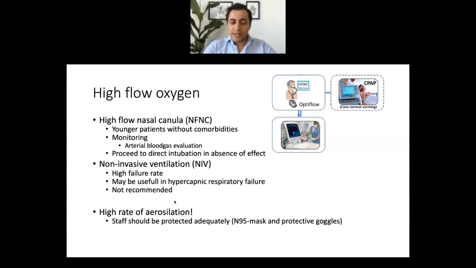Both of these modalities have, again, a high rate of aerosolization. So you should protect yourself and the other staff when caring for these patients, which consists of an N95 mask and protective goggles.